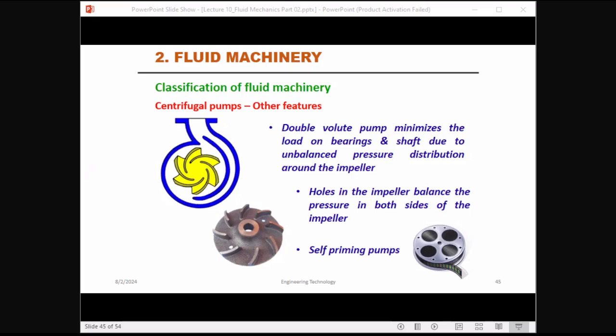Then self-priming pumps are designed to handle the initial removal of air from the pump and the suction line without requiring external assistance.